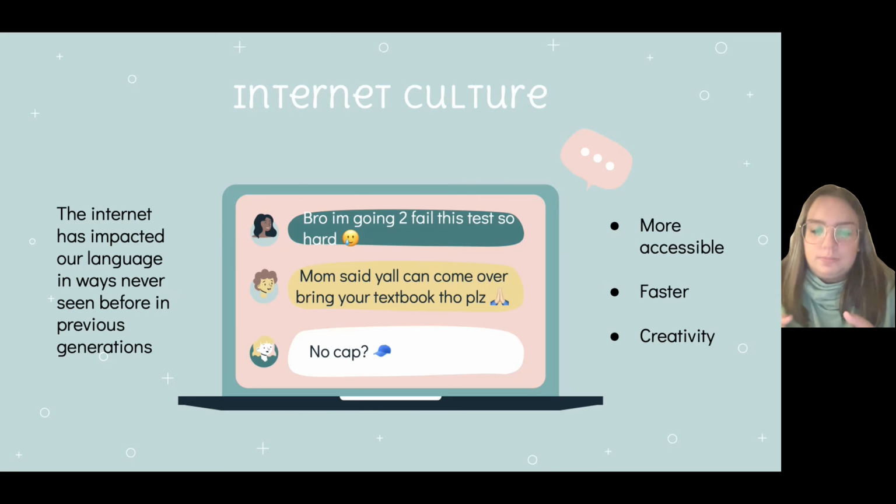So here in the middle, I have a very generic example of an internet conversation. They're using text language, emojis, and words with different meanings than the original meaning. The first line says, "Bro, I'm going to fail this test so hard," with a little emoji so you know how she's feeling.